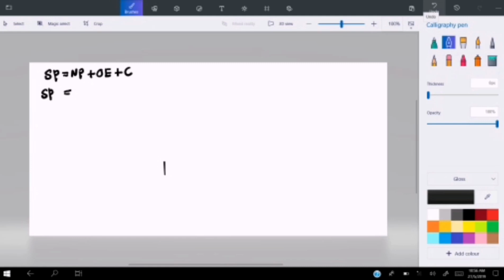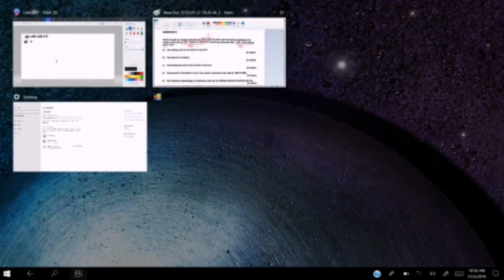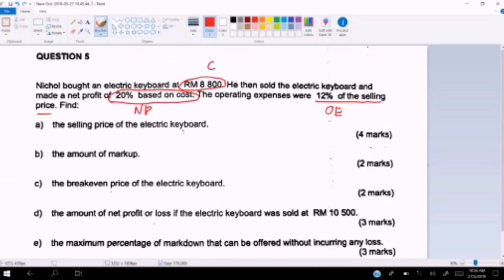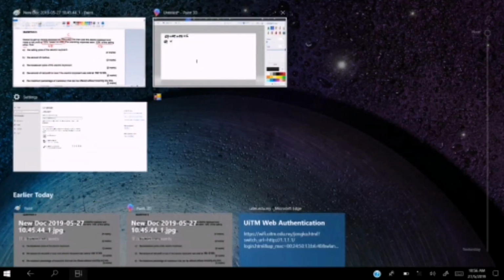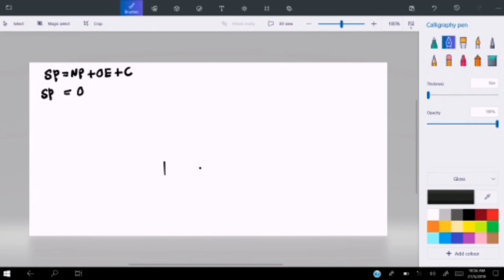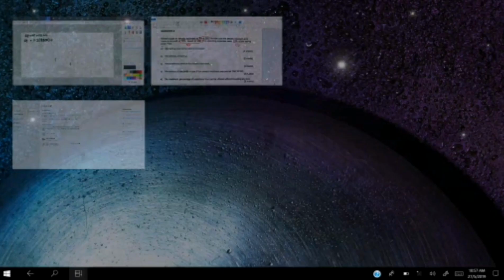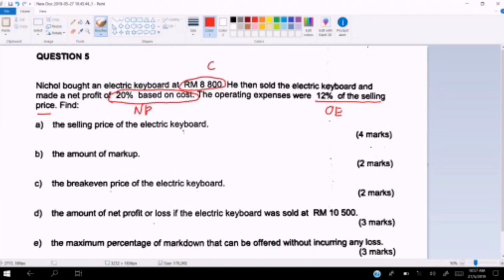So the net profit is given just now as 20% based on cost, and cost is 8,800, meaning that we have to multiply 0.2, 20%, times the cost, 8,800, plus OE, operating expenses, which is 12% based on the selling price given here. All right, so it's given here.